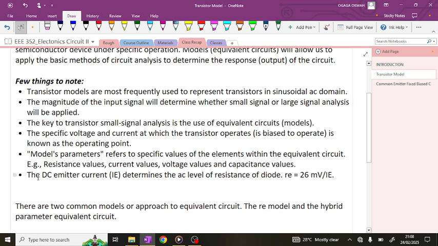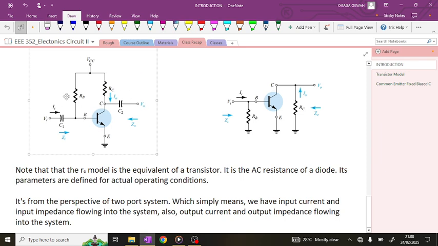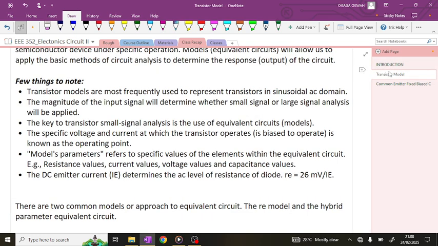So when we draw the equivalent circuit in the AC domain, there are parameters, known as model parameters, the parameters of the model. But we are not talking about something strange; we are talking about something we are already familiar with.